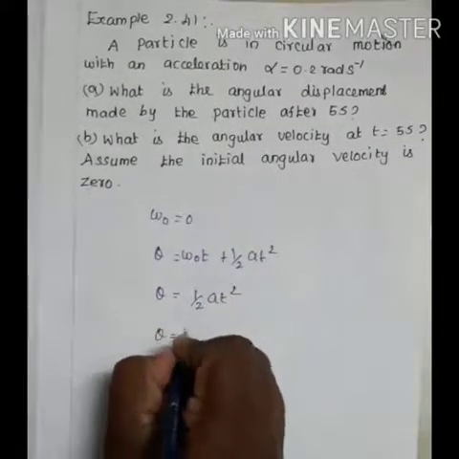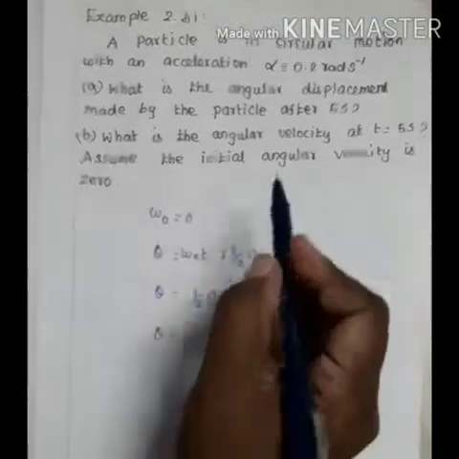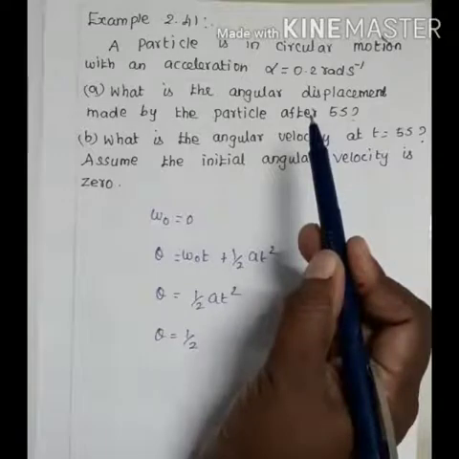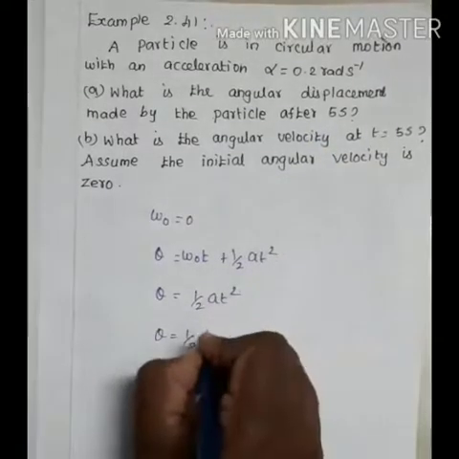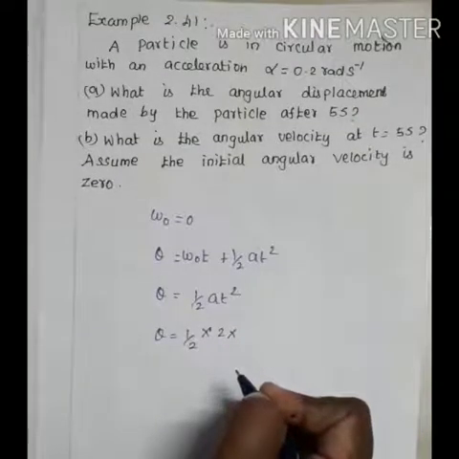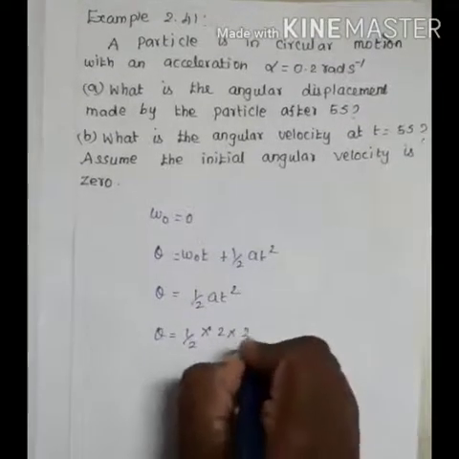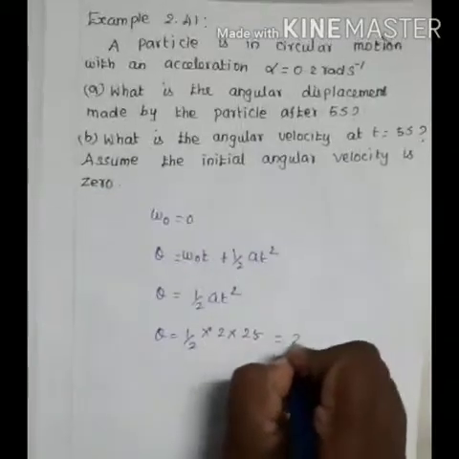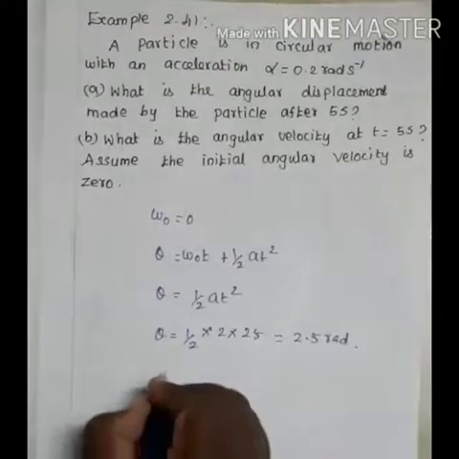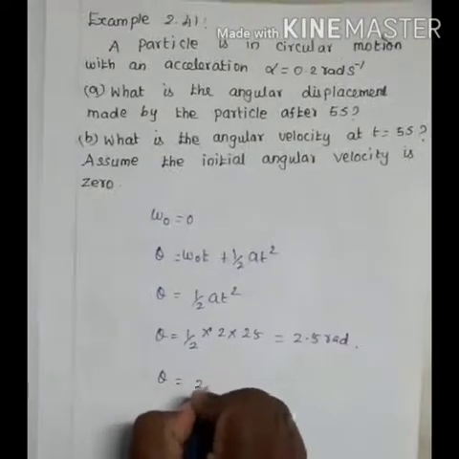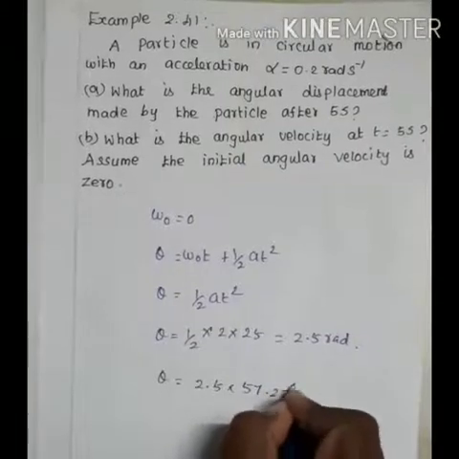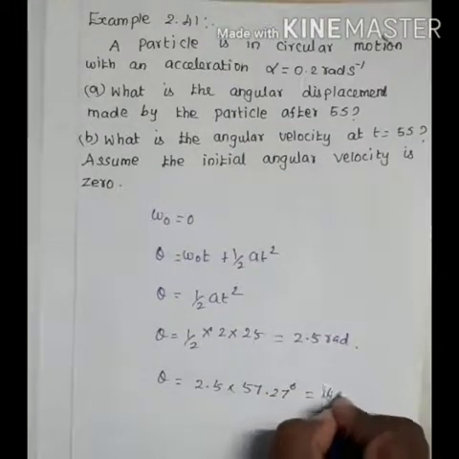Therefore, theta is equal to half into 0.2 radian second minus 2 into t square, t is equal to 5 second, so 25. Simplify this equation, 2.5 radian. In terms of degree, theta is equal to 2.5 into 57.27 degree. Therefore, 143 degree.